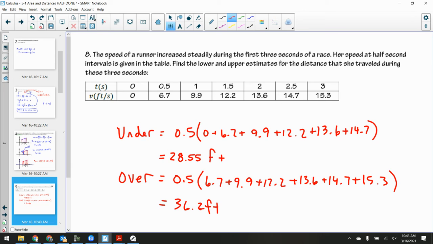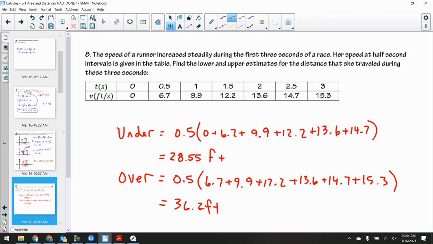If the first number was like 0.17, would you just know that was the overestimate then? No, because then the number you were adding was bigger than the last number. I think this only works if you're starting from zero.